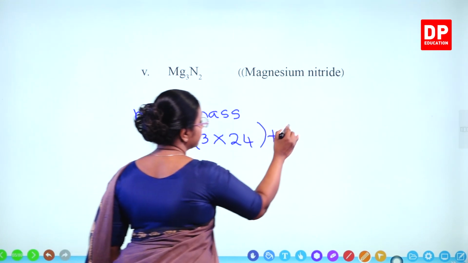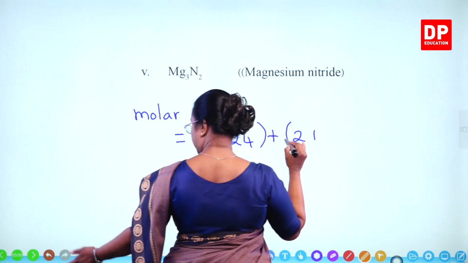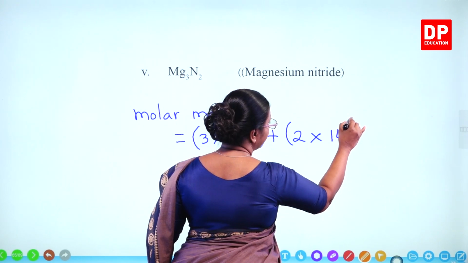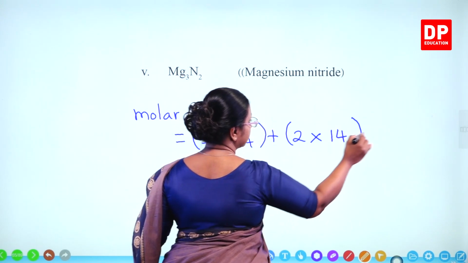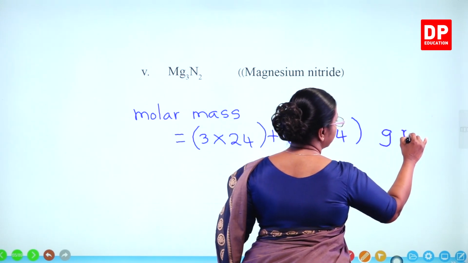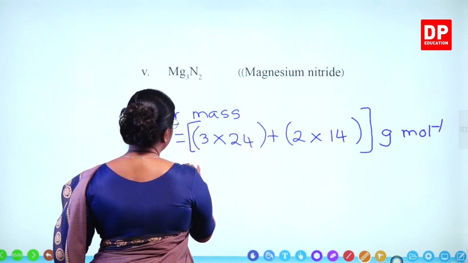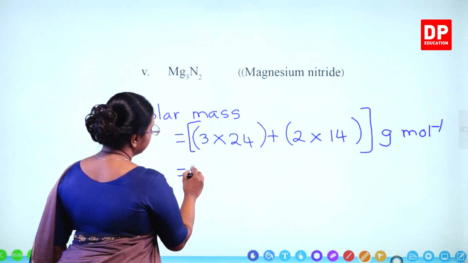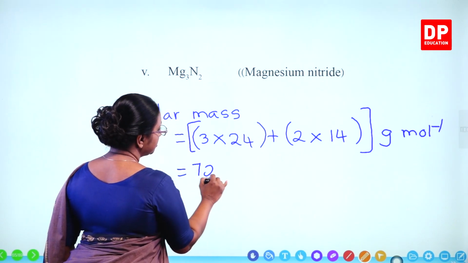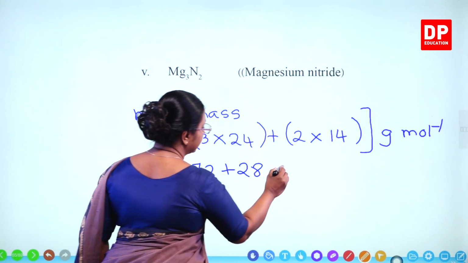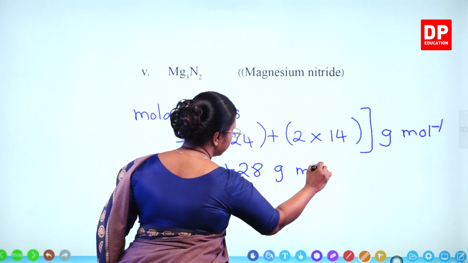Then nitrogen, there are 2 nitrogens. We have to multiply by 14 relative atomic mass. And that is equal to grams per mole, the whole value. So here it is going to be 72 plus 28 grams per mole.